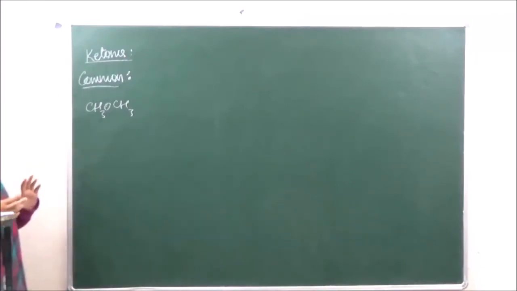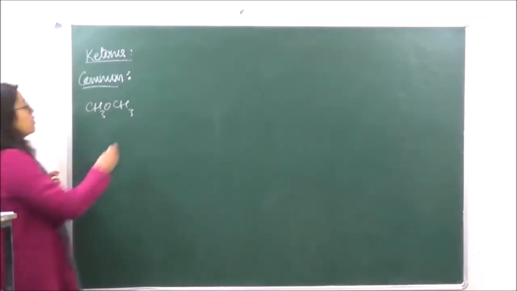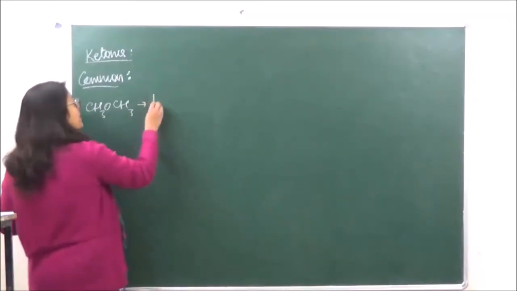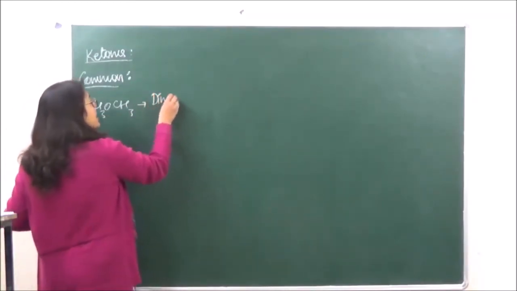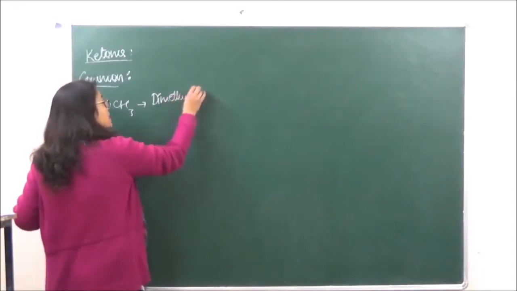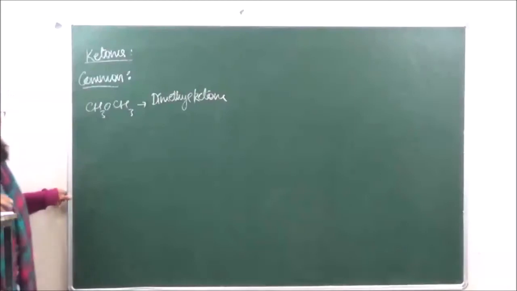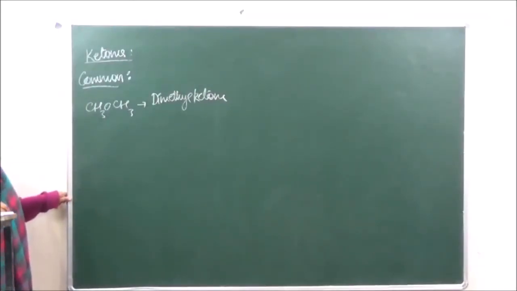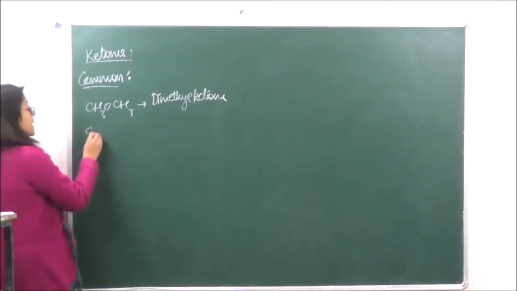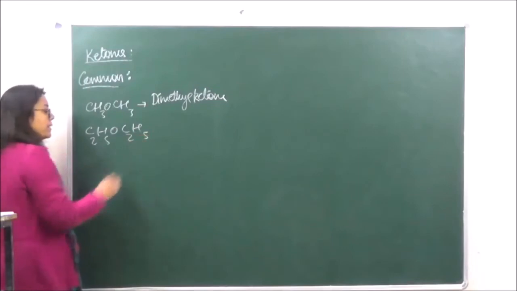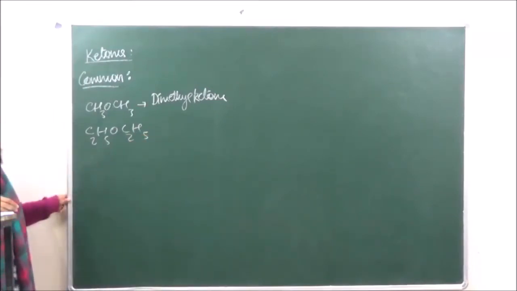So when we are naming this according to the common system of nomenclature, there are 2 methyl groups present. So this will be named as dimethyl ketone. This is the common system of naming the ketones. Similarly, let's take an example of a symmetrical ketone, which is C2H5COC2H5.